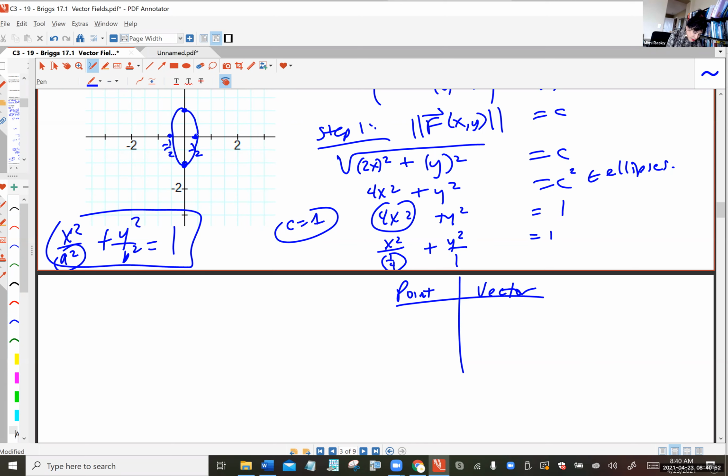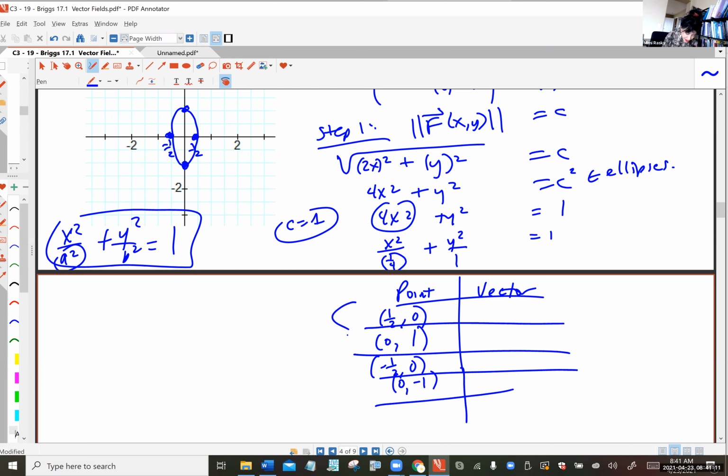So you graph some points here, and I'm just going to pick 4 easy points off of that ellipse. Easy points meaning the ones that are on the coordinate axes, because they're not too hard to grab off of there. And so on the left-hand side of the chart, you've got the points, and for each point, you have a corresponding vector. So these 4 points are when c is 1. And the vector is the <2x, y>.